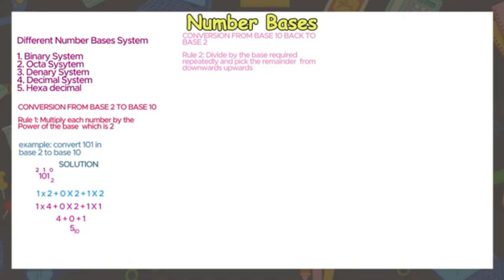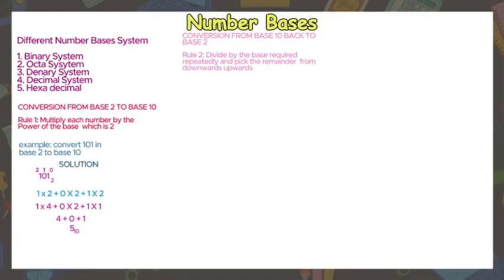Divide by the base required, repeatedly, and pick the remainder. Pick the remainder from downward, upward.